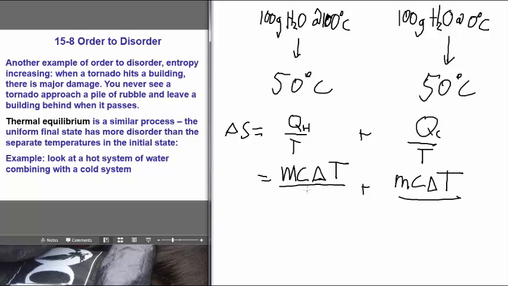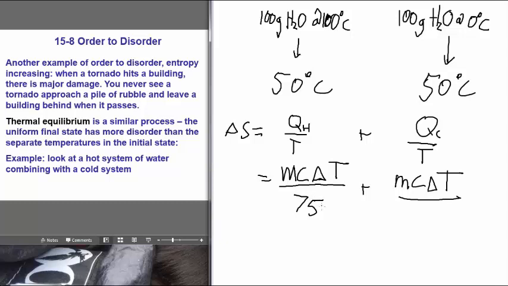But the difference between the hot and the cold system is the average temperature at which the energy was exchanged. So the hot system went from 100 to 50, therefore the average temperature it was at while it was losing energy was 75 degrees.